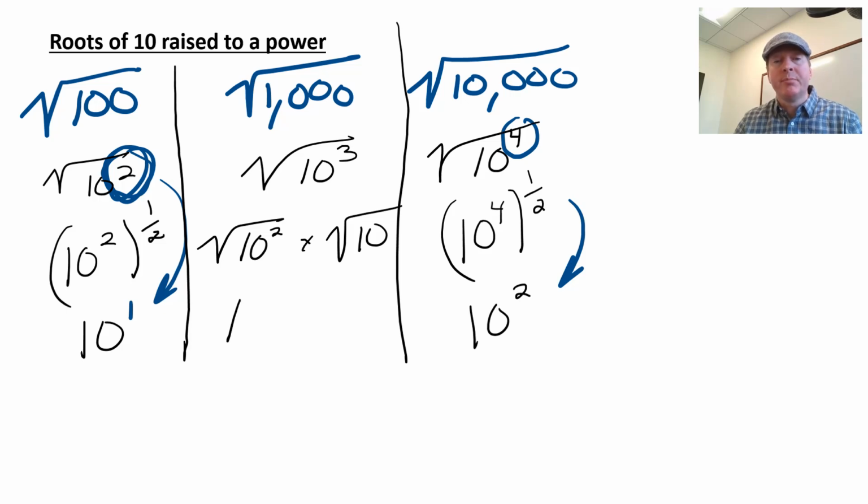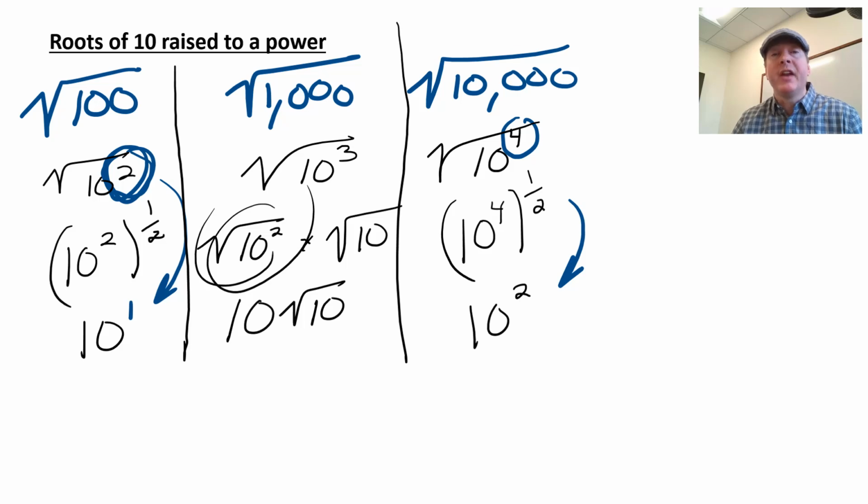The square root of 10 squared is simply 10. So 10 root 10, 10 times the square root of 10. So if you have the square root of 10 raised to an odd exponent, you can simply rewrite this as the square root of 10 raised to an even exponent, in this case 2, times the square root of 10, and you can rewrite it that way.